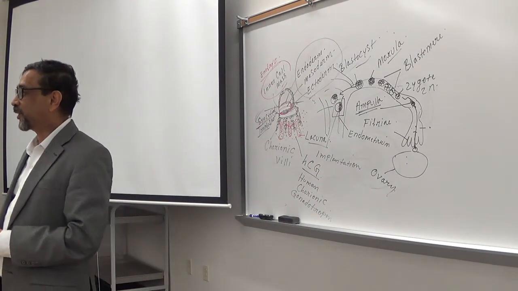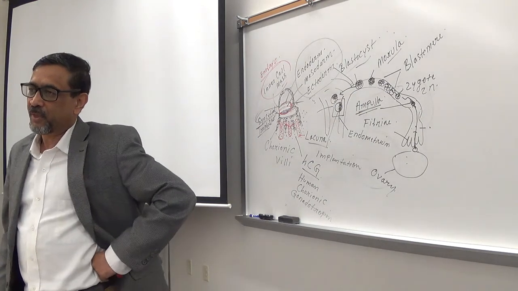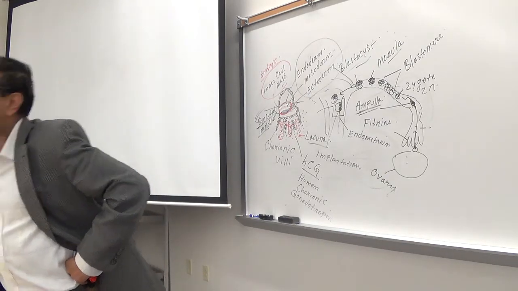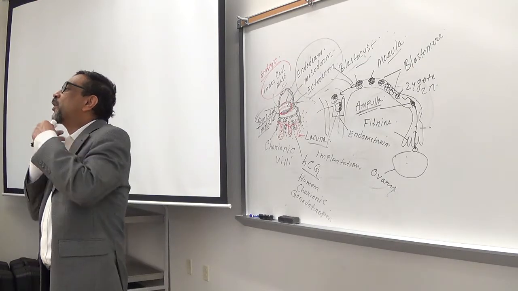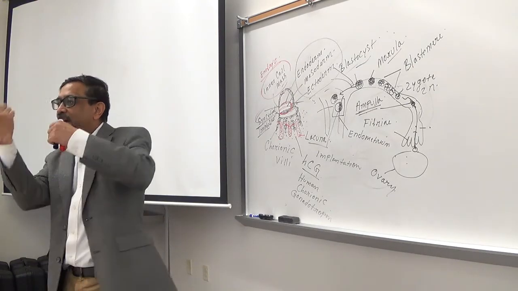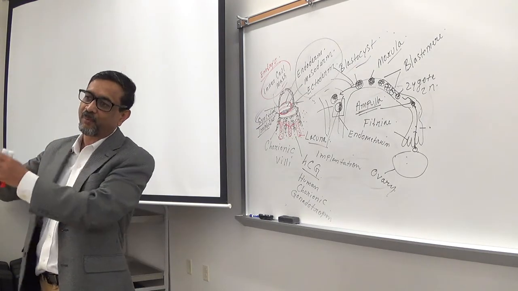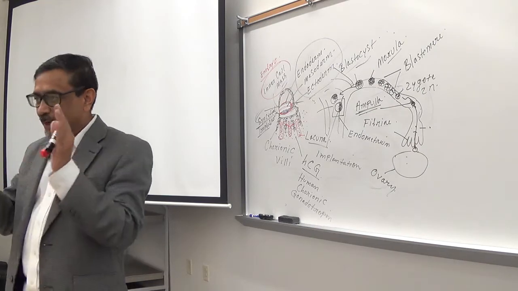Not exo, endo. Okay. Ectoderm, mesoderm, endoderm. From endoderm, endo means inside, right? The inner linings of your respiratory and GI tract, the inner epithelial lining of those organs, mostly come from endoderm. Make sense? Meso is the middle one, right?